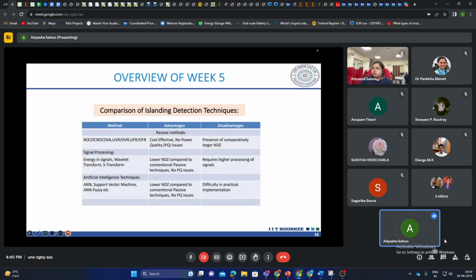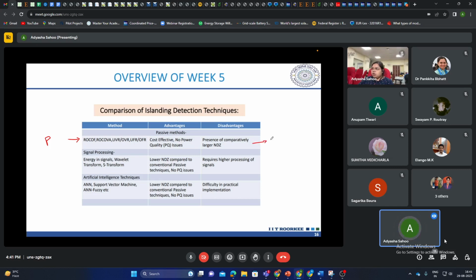Then we had comparison tables of the various types of islanding detection techniques. Firstly, these were passive detection techniques. Although they were cost effective and did not have any power quality issues, they had a large non-detection zone.